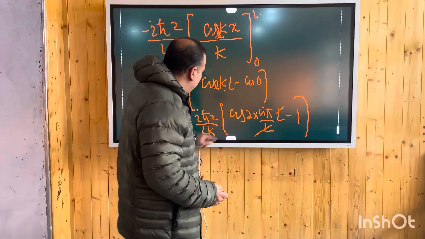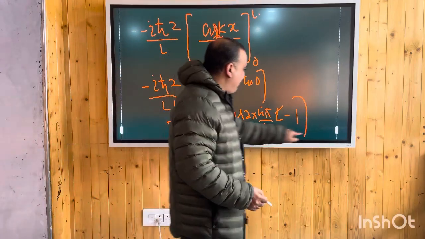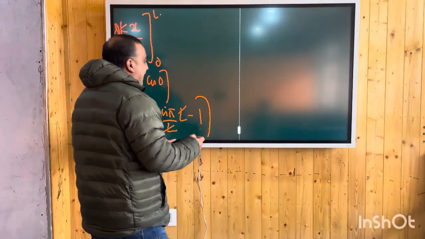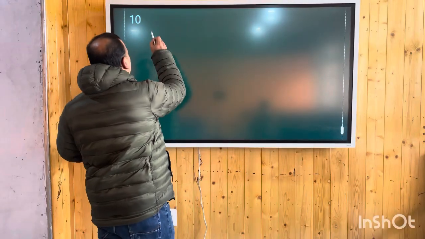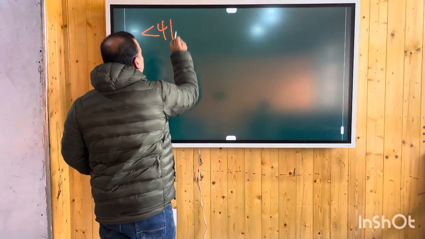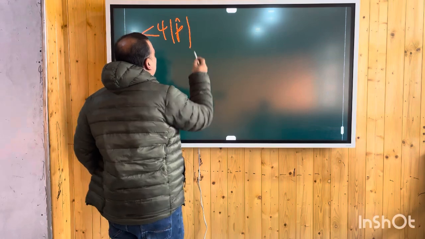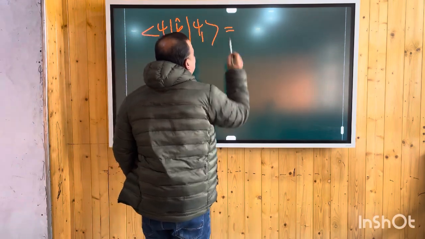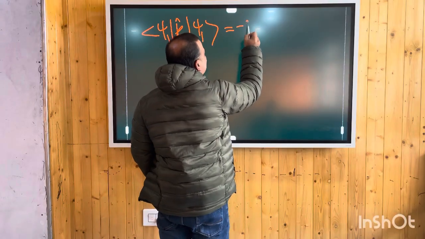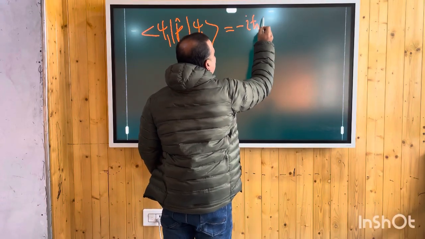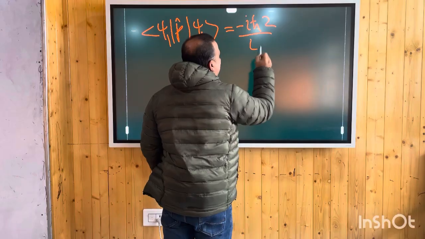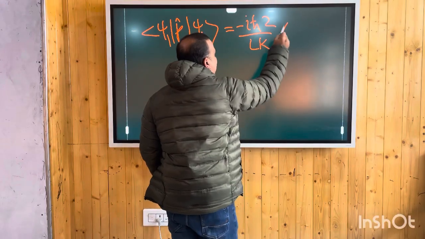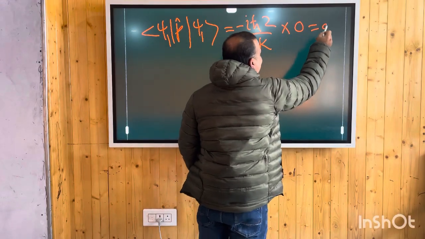So this whole thing will be replaced by plus 1, and what you will get? You'll get the expectation value of momentum. So for this ground state, psi, in fact you can call it psi 1, is equal to minus i h bar 2 by L k times 0, so that's equal to 0.